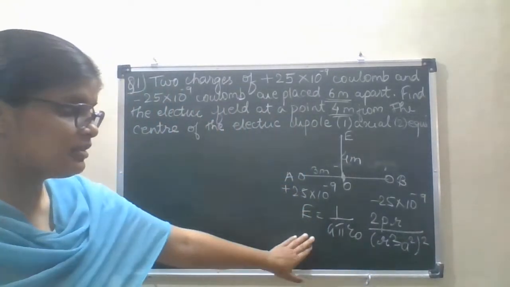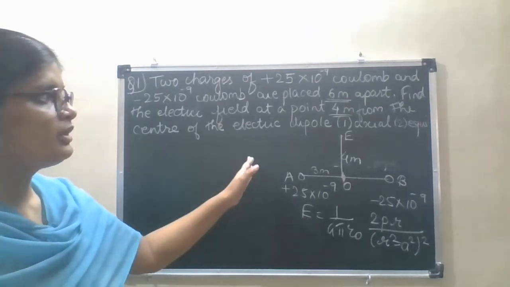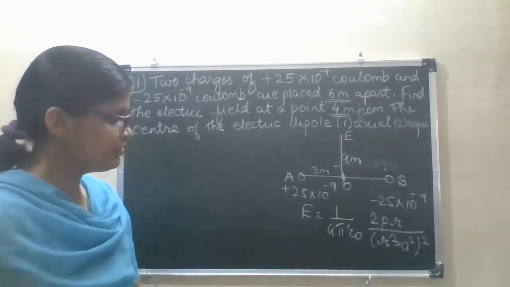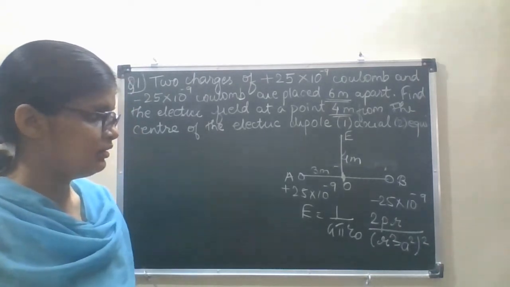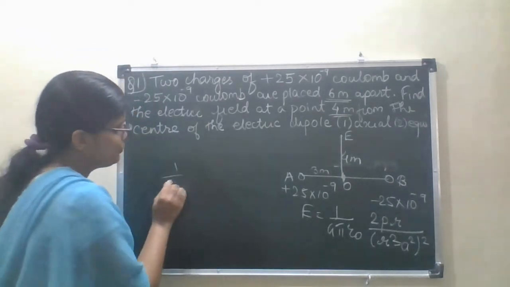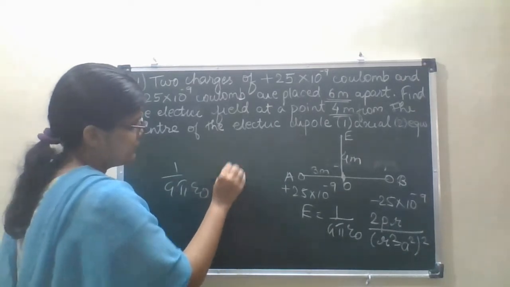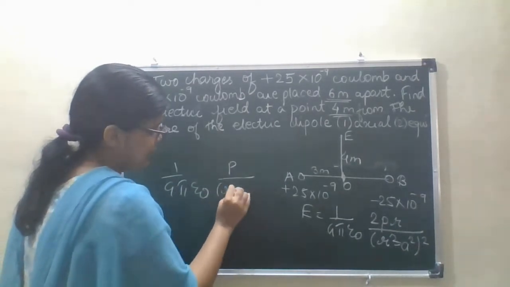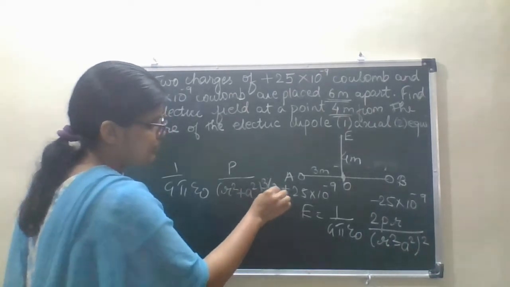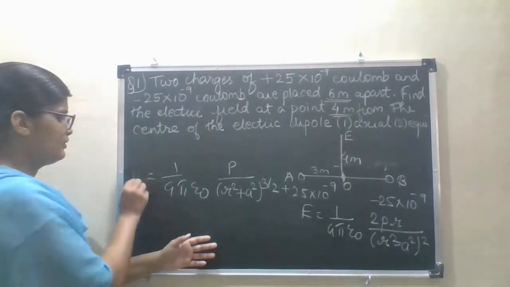Yes, this is the equation for the axial line. And the equatorial line equation we have seen just now was 1 upon 4 pi epsilon naught, p upon (r square plus a square) raised to 3 by 2. Is the equation correct?